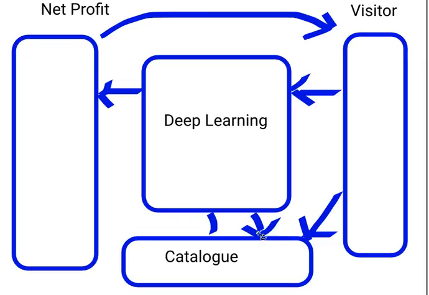So what this means is that, let's say the visitor comes in and they decide to buy something at a certain price, P. I'm going to call that P, and this produces a certain profit, N, or NP, net profit.